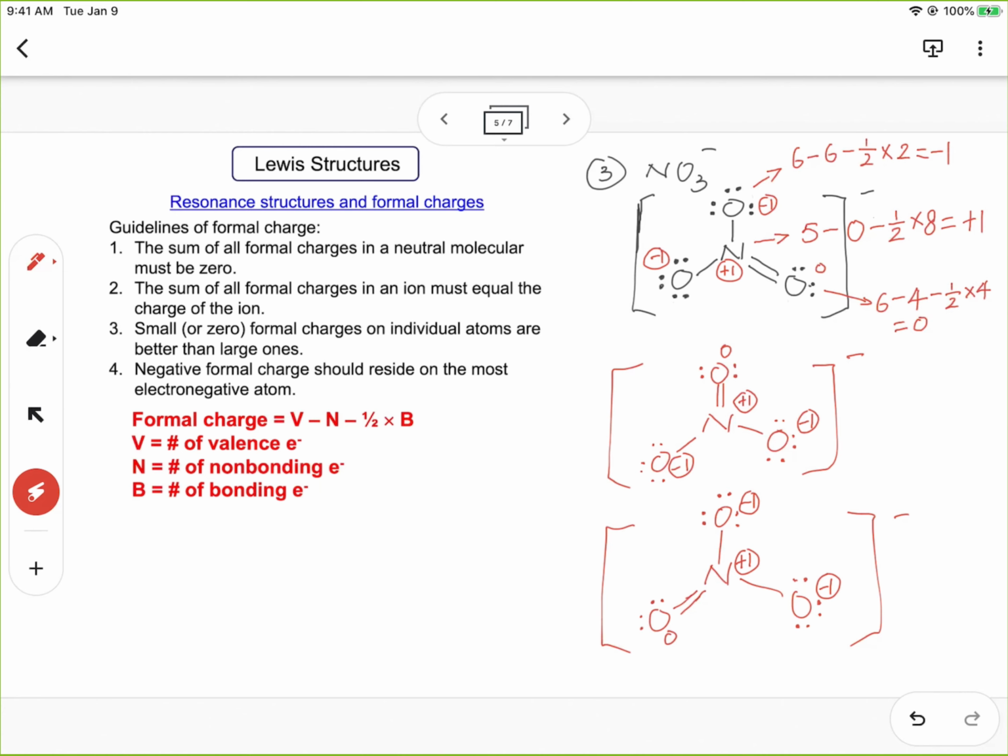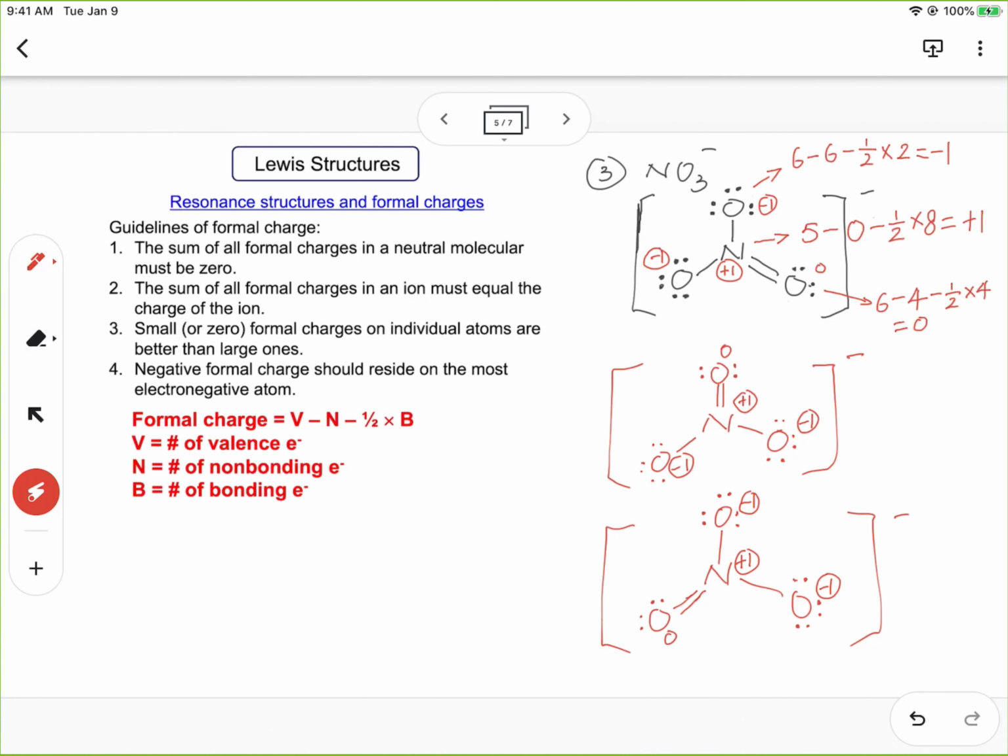All right. Now, which one is the best? Or are they equal to each other? Well, rule number 3 says small or zero formal charges are preferred. If you check, all three structures have 1, 0, and 1 negative, 2 negative ones and 1 positive one.